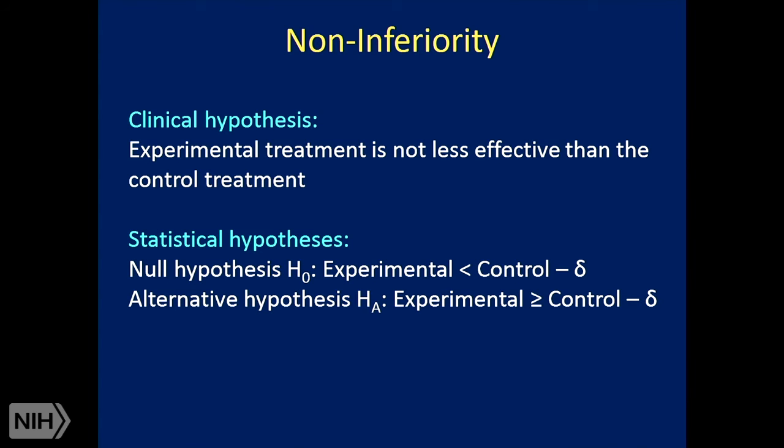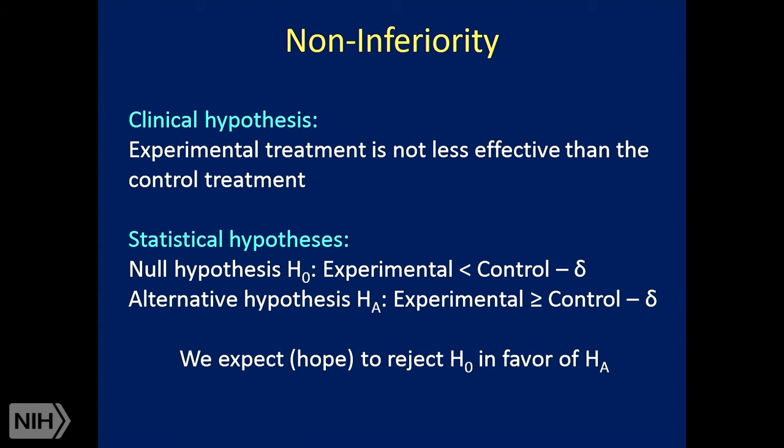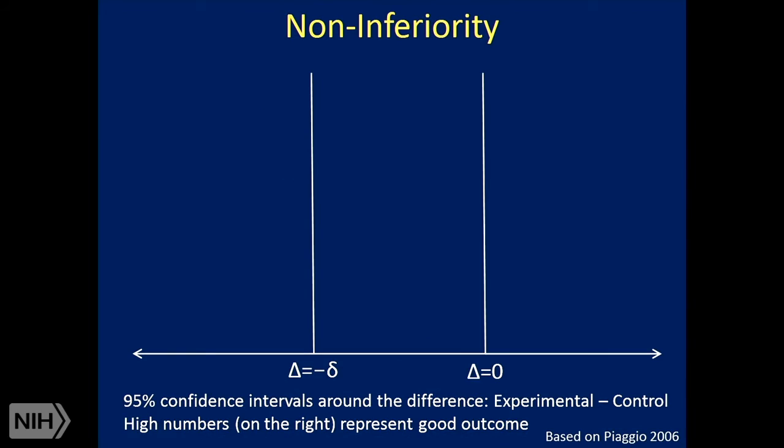If I still stay within this difference delta, which is called the margin of non-inferiority, if I'm still within the non-inferiority margin, I'm okay. It's not worse. But if I exceed that, then I say it's worse. And again, as always, we hope and expect to reject H0 in favor of the alternative.